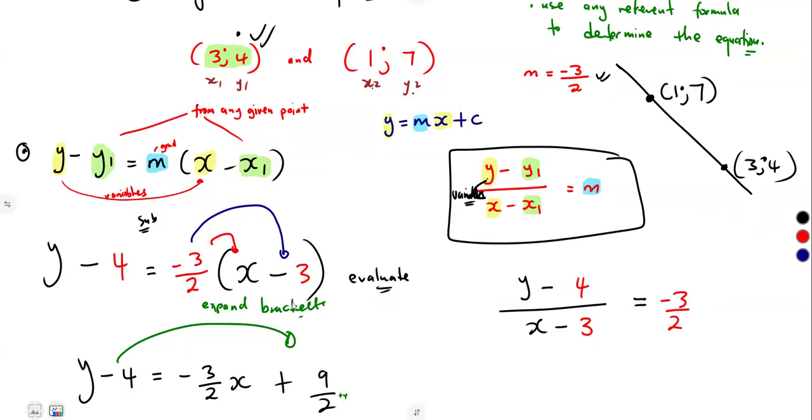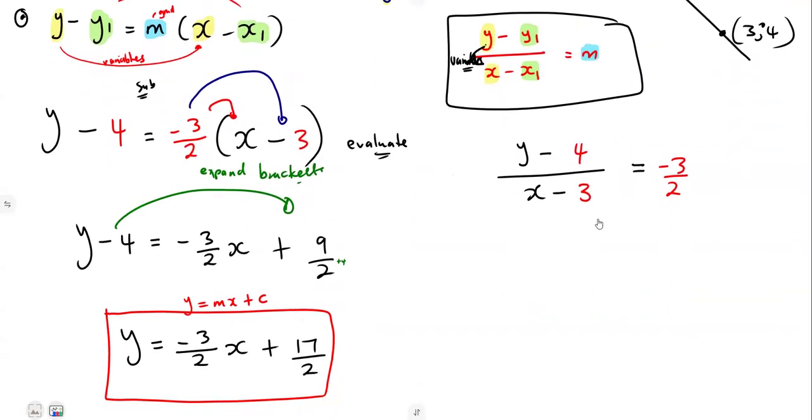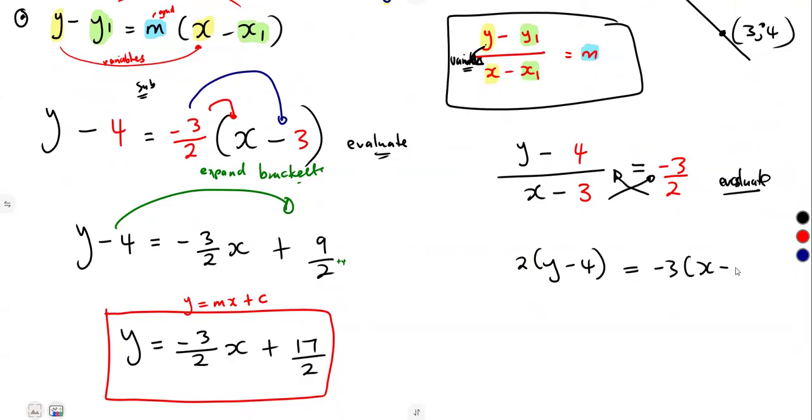You make y the subject of the formula, depending on what you're given. So if you are using it like this now, in most cases, you will find it easier to cross multiply. So here you have to evaluate just like before. 2 multiplies y minus 4, and this negative 3 multiplies everything here, x minus 3.